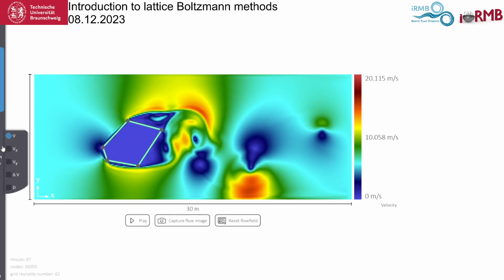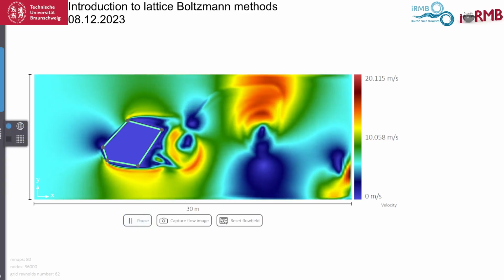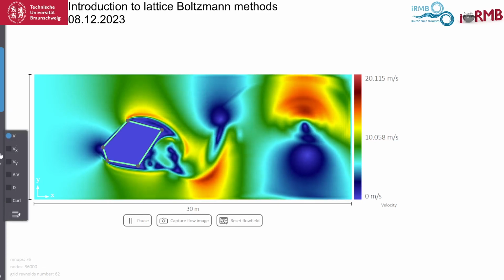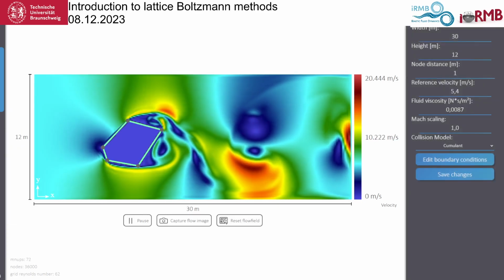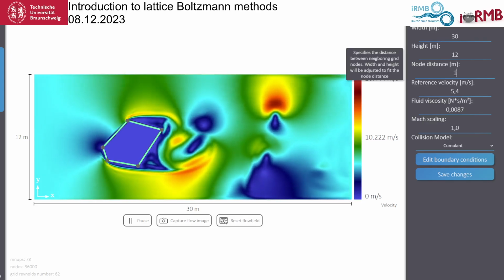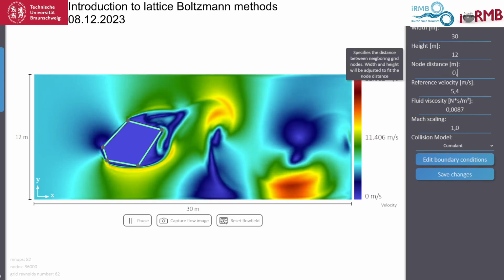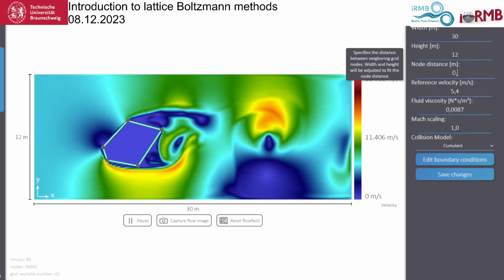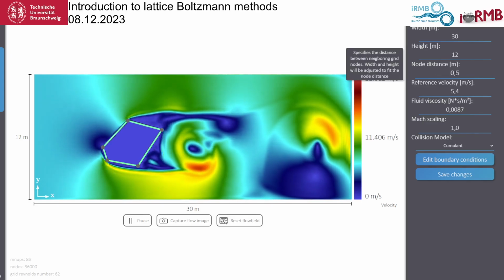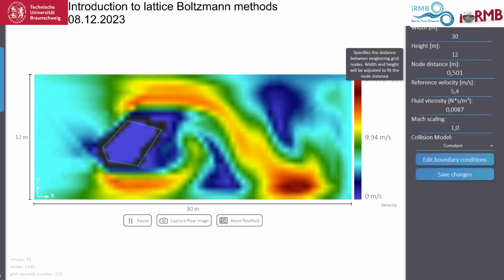Then we have a resolution of 1 meter. Let's play it to see that this actually has some consequences. We go back here. The distance here is 1 meter, so we can have, for example, higher resolution, like double the resolution.